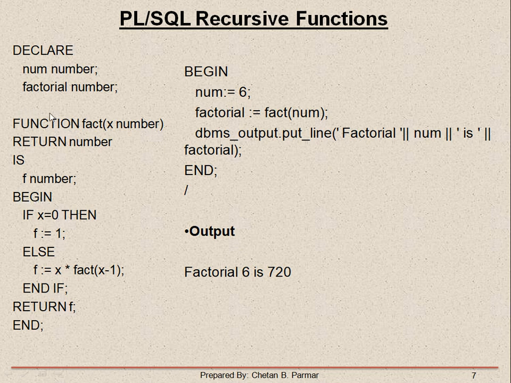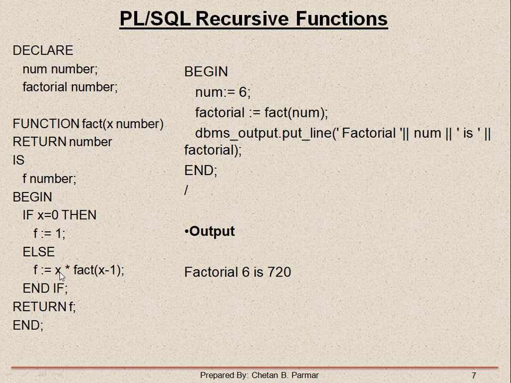Then the begin section of the function. Here I am checking that if x equal to 0, if its value is 0, then f is 1. Otherwise, the f value equals x, which is the passing value into this function, this fact into x minus 1. So in this example I am calling with 6. So 6 is x.